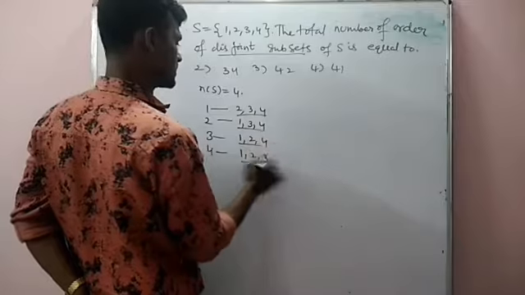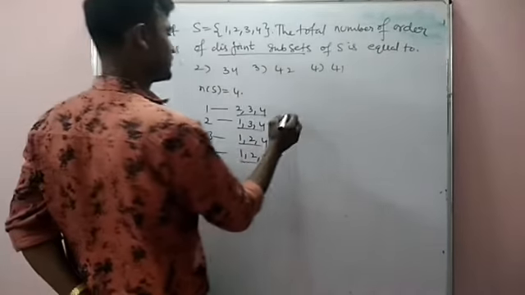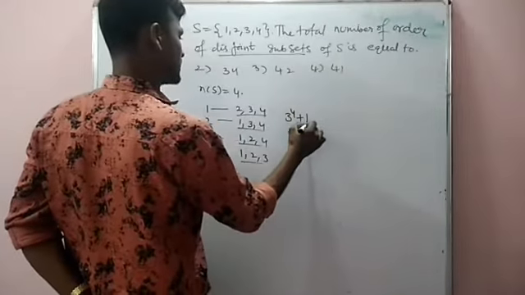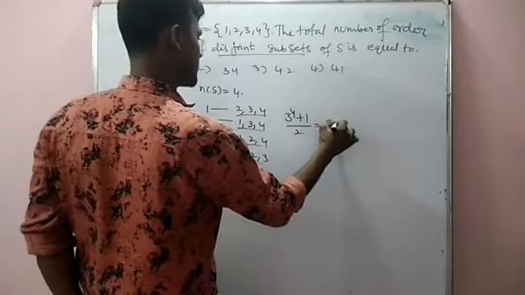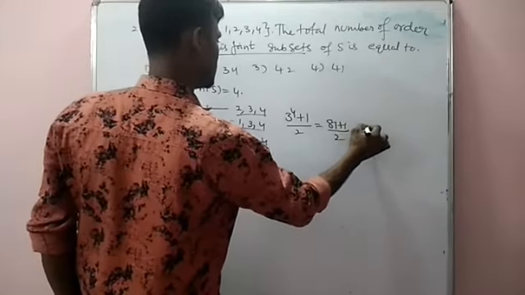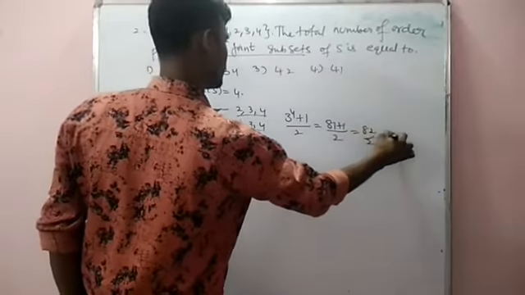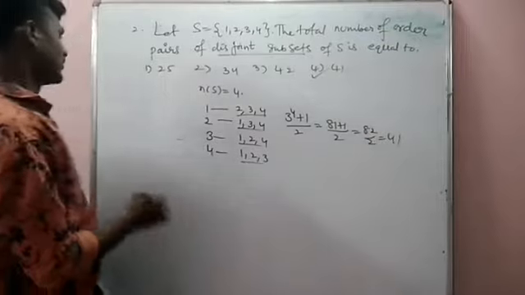Each one has 3 choices, so it is written as 3 to the power of 4, which is 81, plus 1 by 2, which is 82 by 2, equal to 41. So my option is 4.